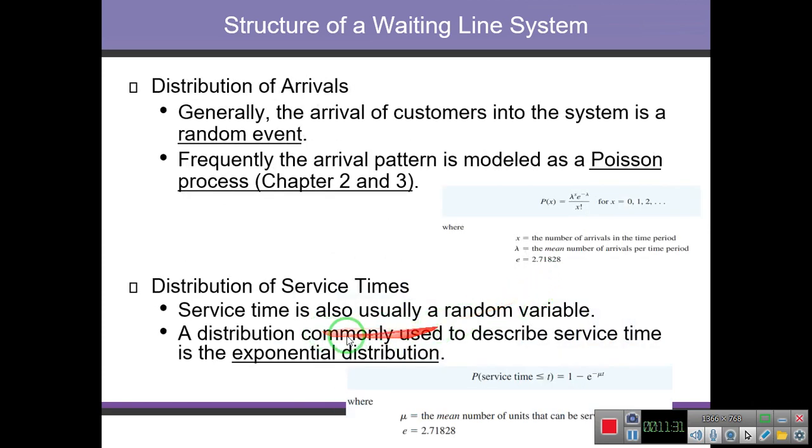So that time has been found to be exponentially distributed. What does it mean? In very simple terms, what it means is that it increases as that person's needs increase. So, for example, just to give you, and this is a very simplistic explanation, but it works.